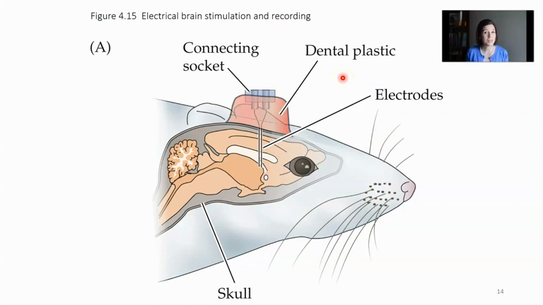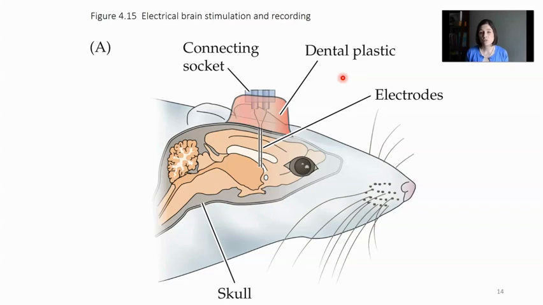One, we could stimulate the brain, and that allows us to see what is stimulating different neurons due to behavior, or to the effects of different drugs on behavior. And it also allows us to record from the brain. So this is a good example where we can both manipulate the brain as well as record and gather information from the brain using techniques with electrodes.